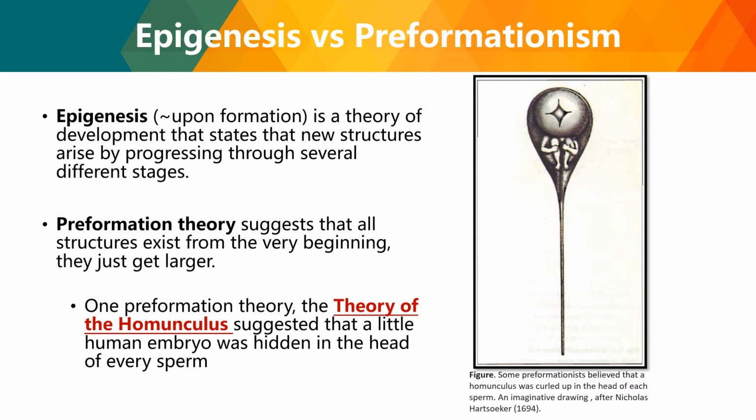So, yan na, there is a homunculus that was curled up in the head of each sperm. Yun yung sinasabi kanina ni Malpighi na it's either in the egg or the sperm na meron na talagang structure. Okay? Na nandoon sa type of cell na yon na lumalaki na lang sila eventually.